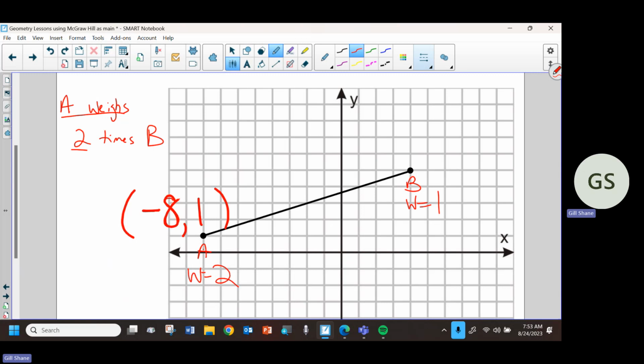Actually, kids miss it more when they have numbers because they look at the wrong number, the number on the wrong side. Right? 1, 2, 3, 4 is my X. 1, 2, 3, 4, 5 is my Y. So there are my numbers I need for the right point, for point B. So you have to come up with that. Once you do that, it's the same problem.